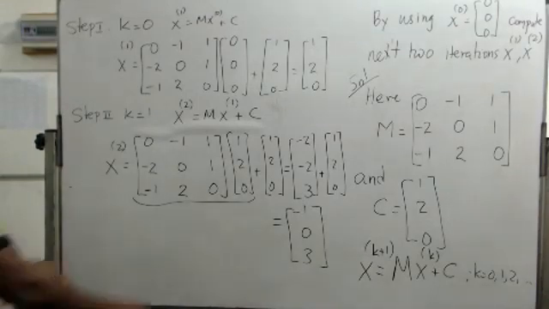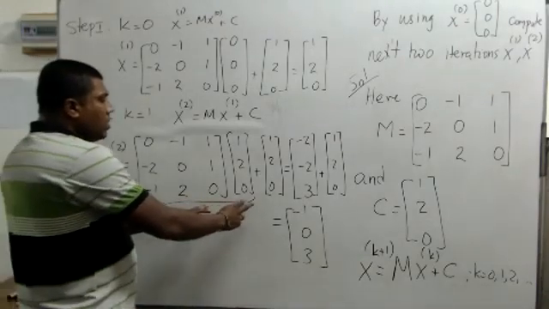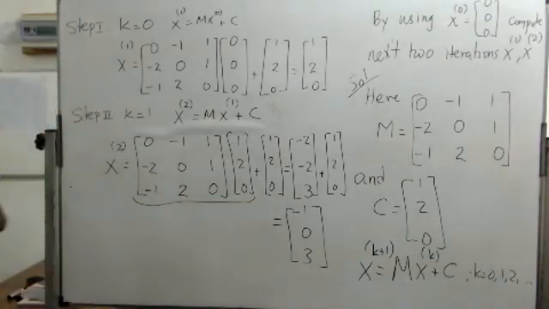So here you see that x2 is equal to M times x1 plus c. You compute M times x1 and add c, and you get this.